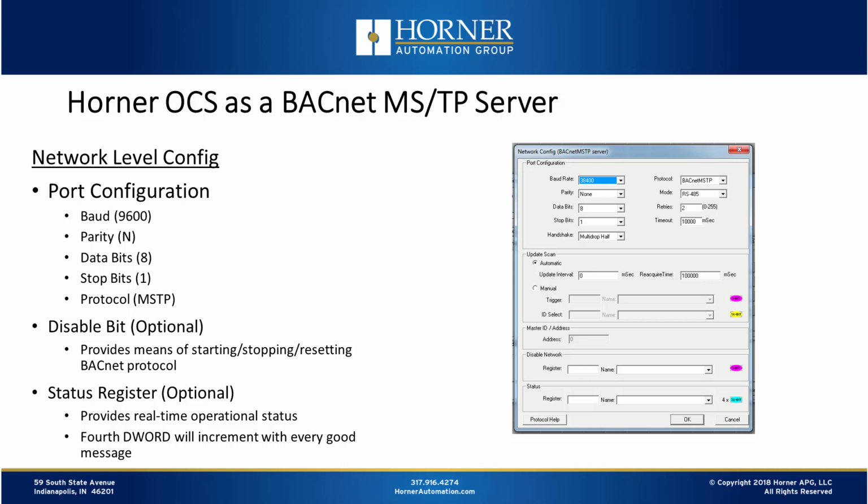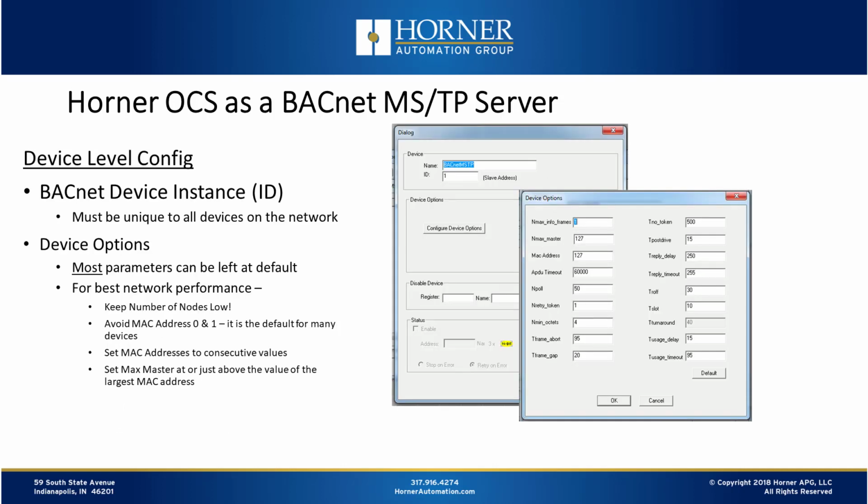That is something you can configure in the Cscape configuration, and we'll show you where all these configuration options are located with a live demo in a little bit. We also have a status register that you can configure, so you can assign a variable to that that will give you real-time information to let you know that you're talking successfully on the network, or maybe you're not.